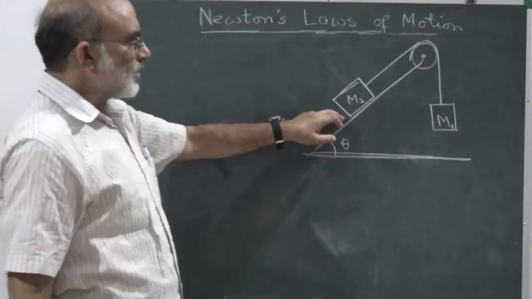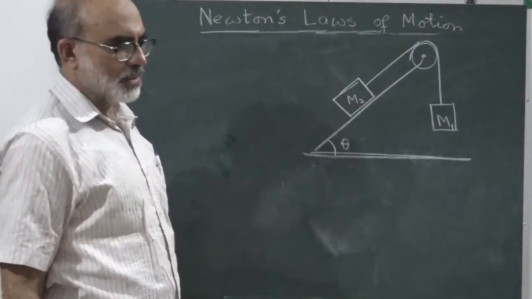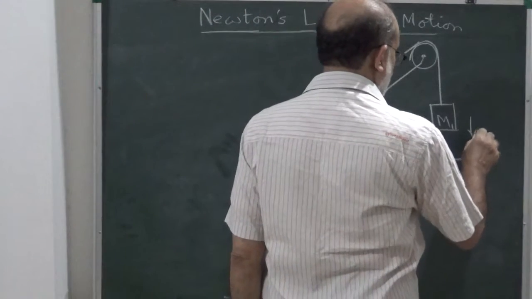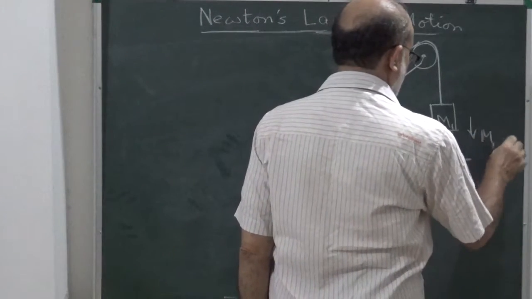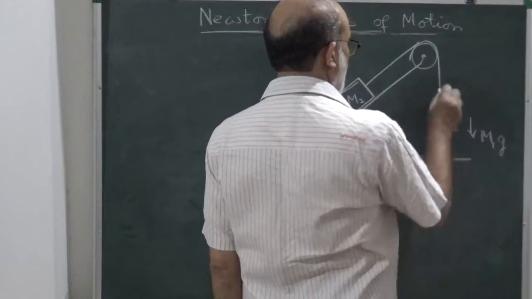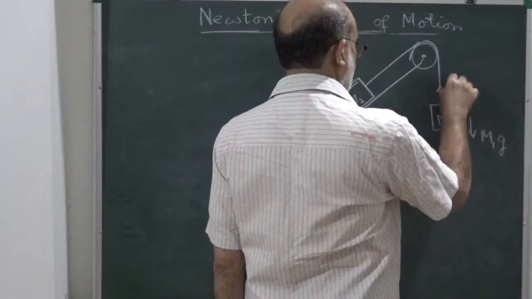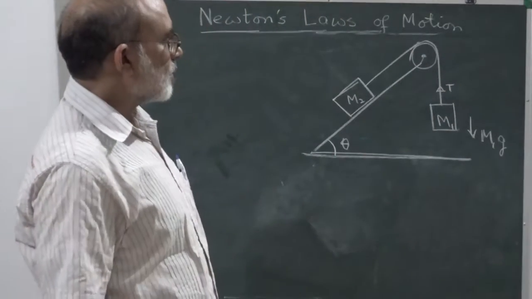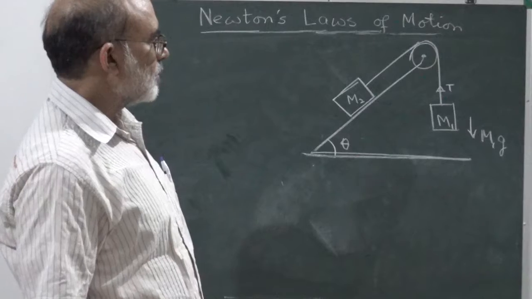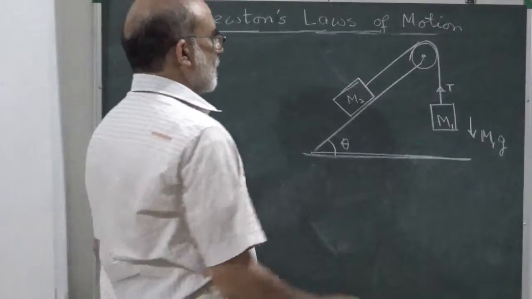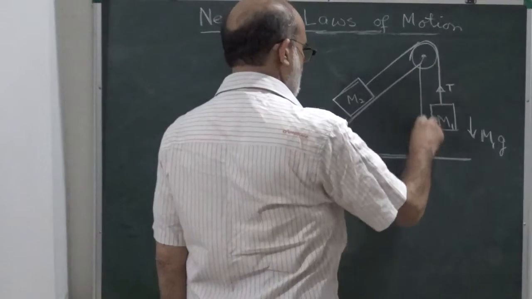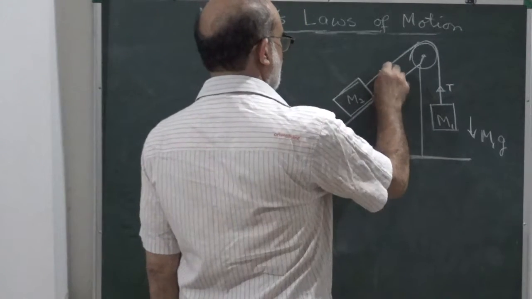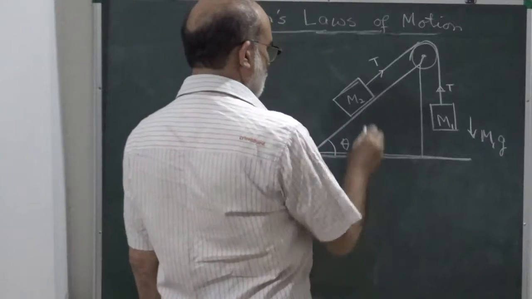Now M2 is on the inclined plane and M1 is hanging vertically downward. So the force of gravity here is M1G, and let the tension here be again T, assuming again the rope to be massless and the pulley to be smooth.